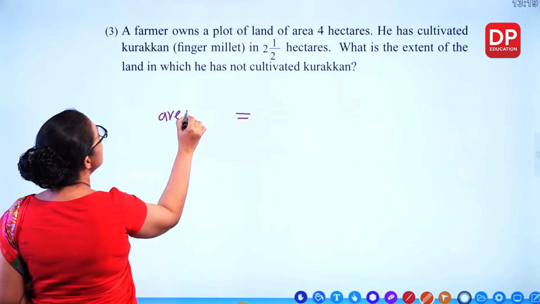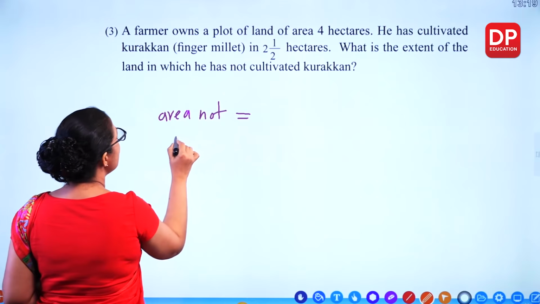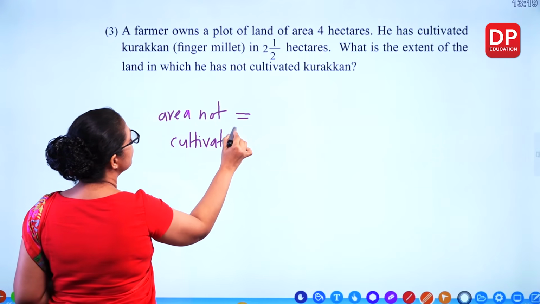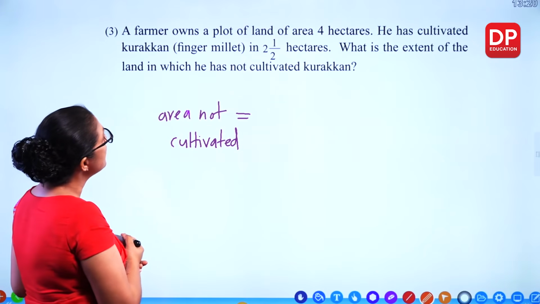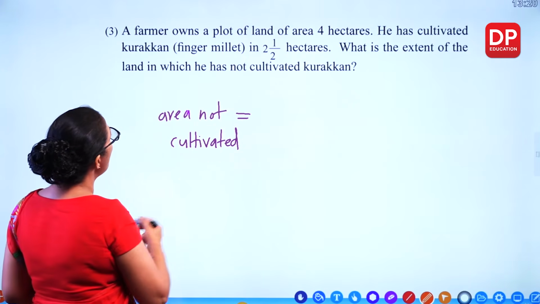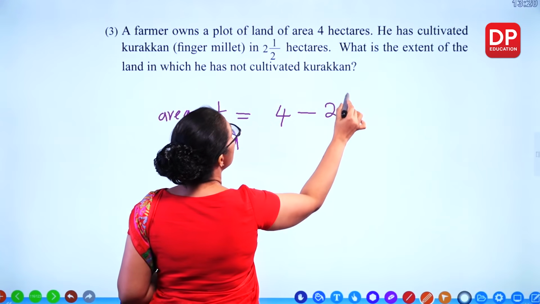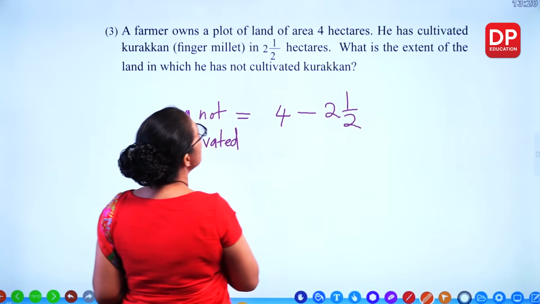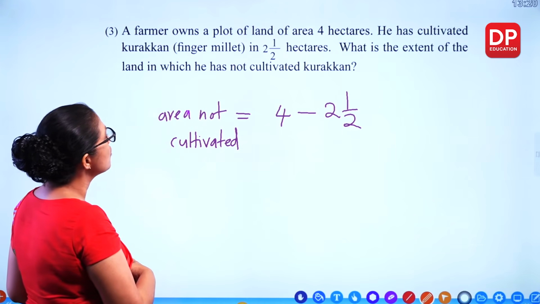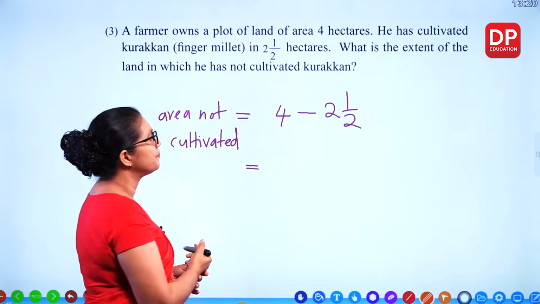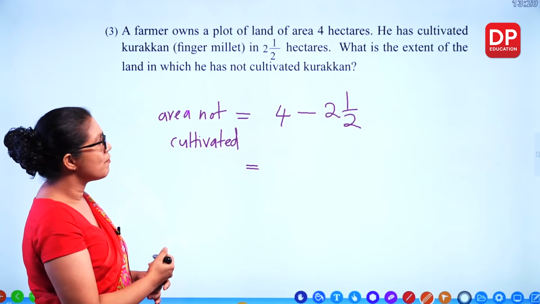Area not cultivated. So what's the total? 4 hectares. And 2.5 hectares cultivated Kurakan. So the remaining part is not cultivated. So subtract. 4 minus 2.5.